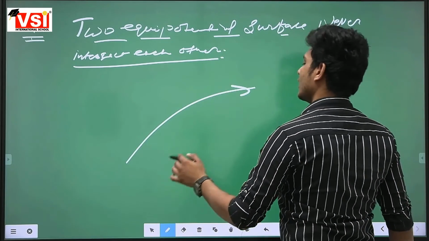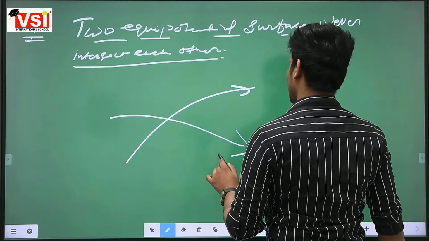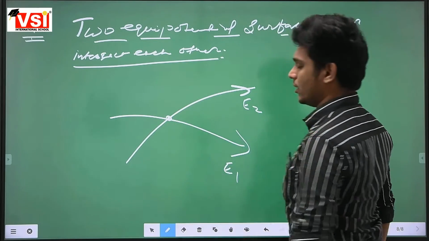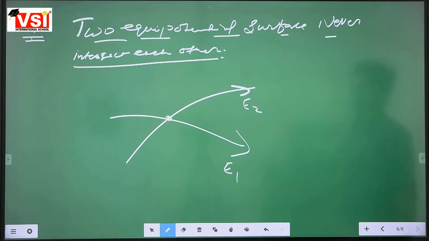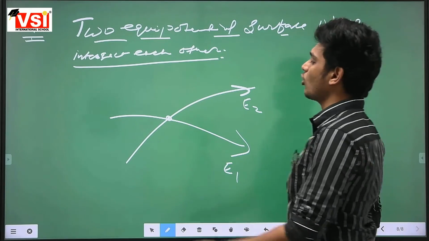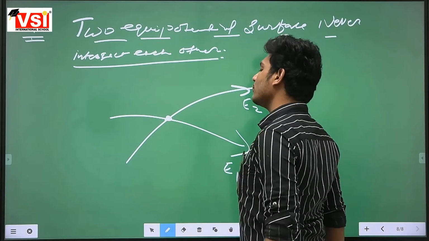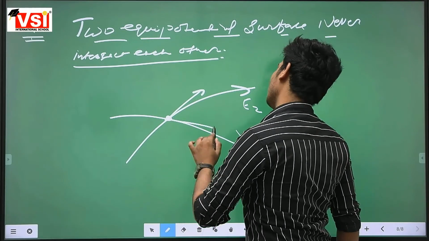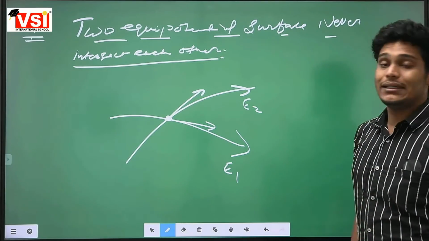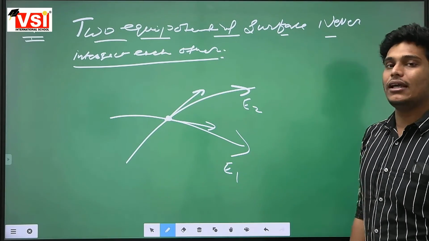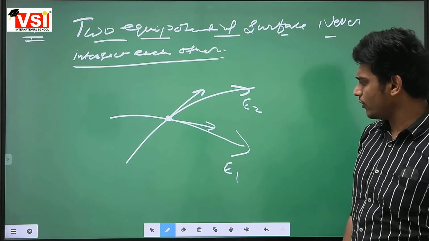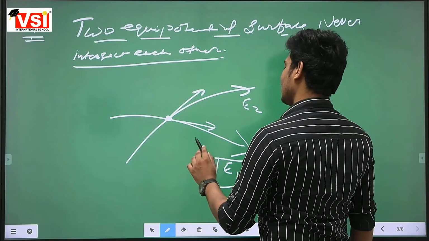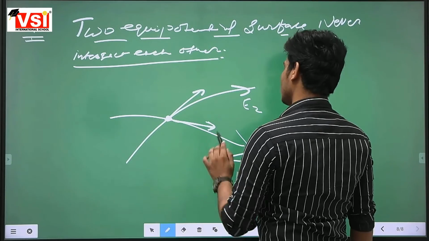हमने पहले भी ये चीज देखी है कि दो electric field lines E1, E2 never intersect each other. Why? Because intersecting each other gives us a common point, and at the common point we can draw two tangents. First one based on E1 and second one based on E2. And the tangent shows the direction of electric field at that point. If we consider it with respect to E1, the direction of electric field will be this one.